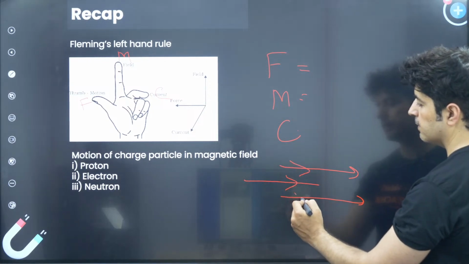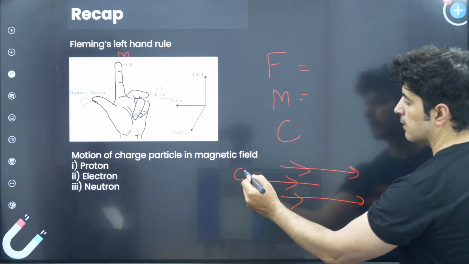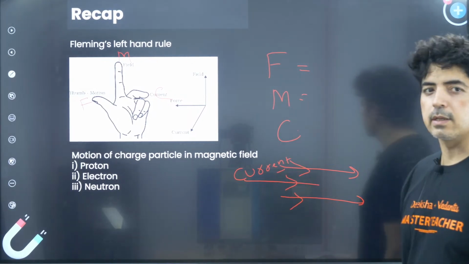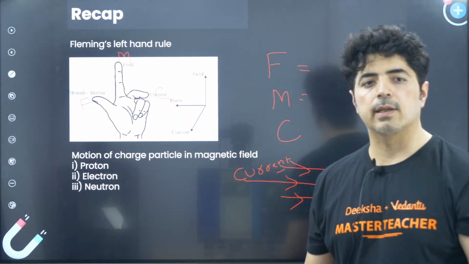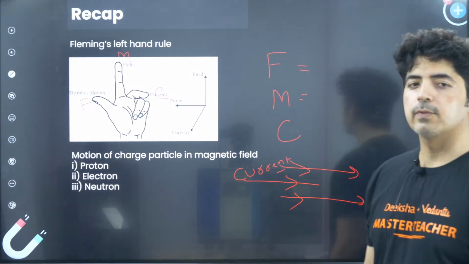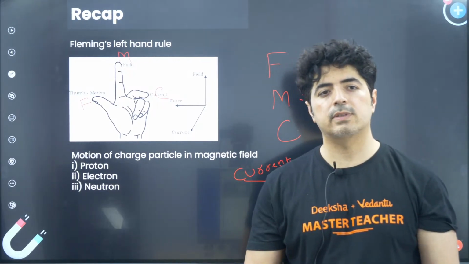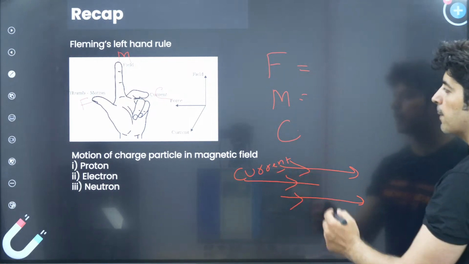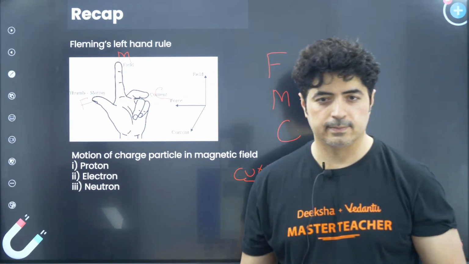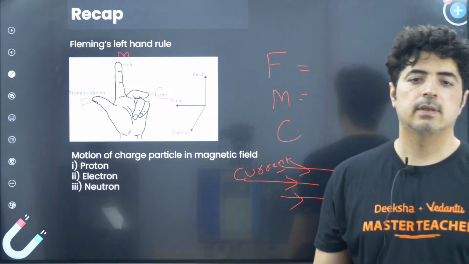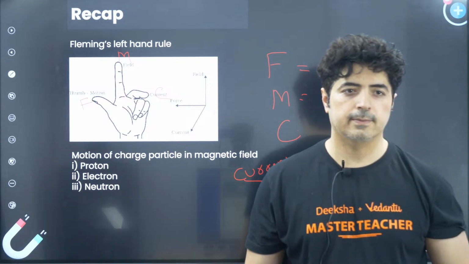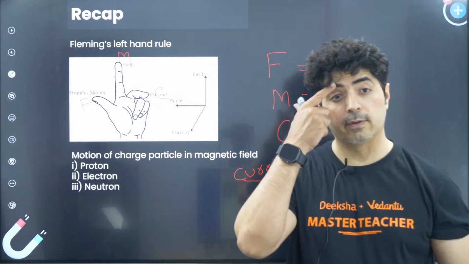If they are parallel to each other, in the same direction or opposite to each other, the force will not be there. The force is there only when the current is perpendicular or at some angle to the field, then you will experience a force. I hope it is absolutely clear to everybody.